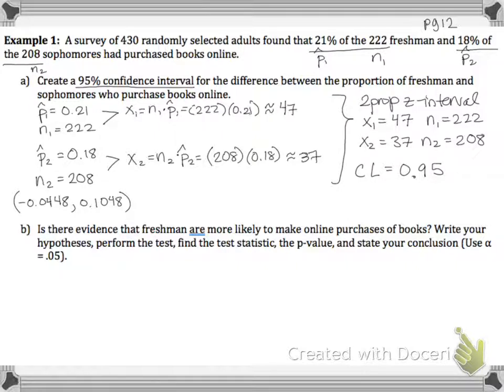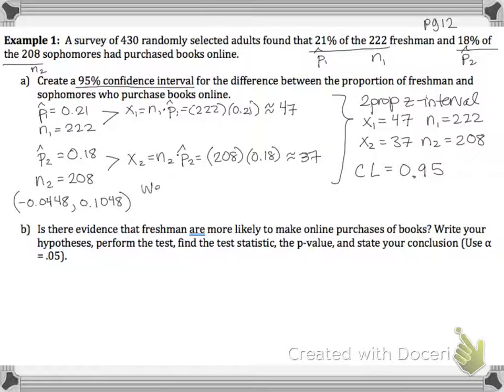But one thing I can see is that this is negative as a lower bound and positive as an upper bound. So we can pretty much conclude that the two groups are similar, because a negative lower and positive upper means 0 falls somewhere in that interval. And the two groups are probably too similar in percentage for us to make a conclusion that they're any different. Right now, we're not running the test. We're just going to interpret the interval here, okay?